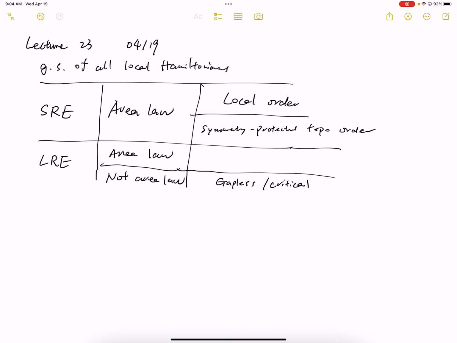And then for the area law states, typically these are the gapped ground states, so you have an energy gap above the ground state. These can further be divided into two classes, and we talked about this in more detail in the last lecture. We have spontaneous symmetry breaking states. These states are only long-range entangled when you observe the symmetry of the Hamiltonian.